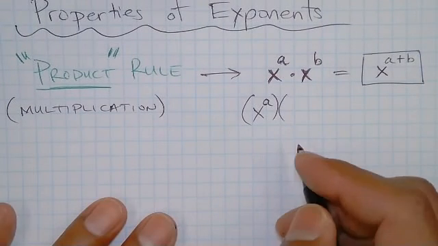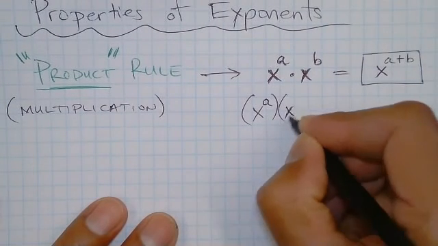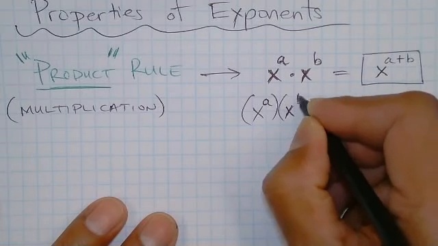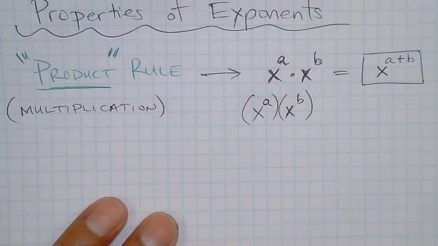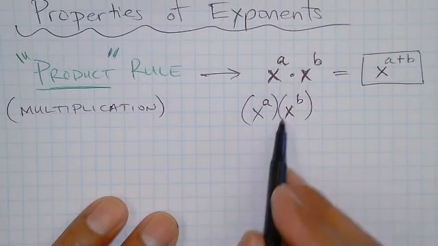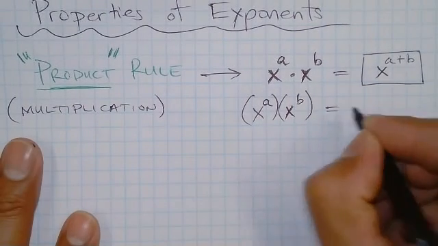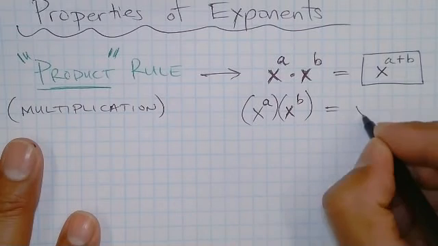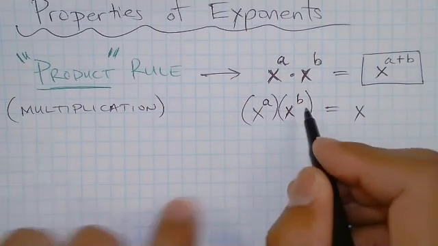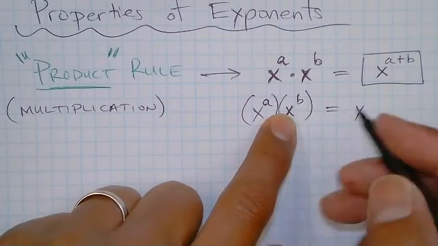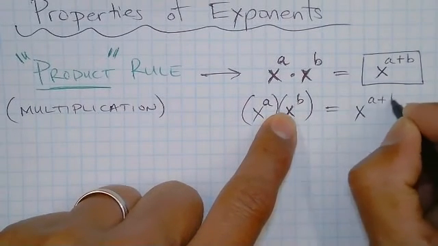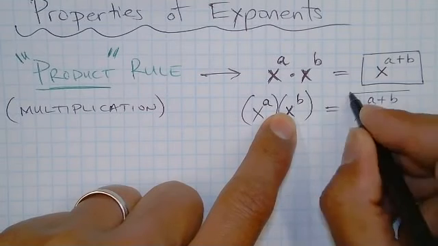We can use parentheses to show a multiplication. Aren't these two saying the same thing? Yeah. And what is true again? If it's the same variable and it's multiplying, what do you do to the exponents? You add them, right?